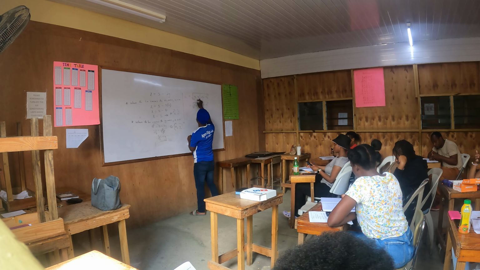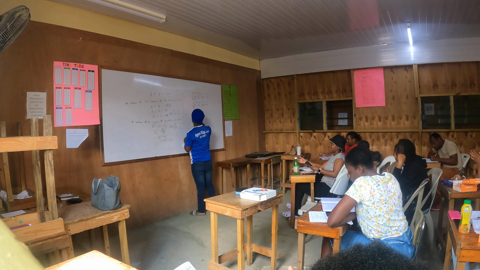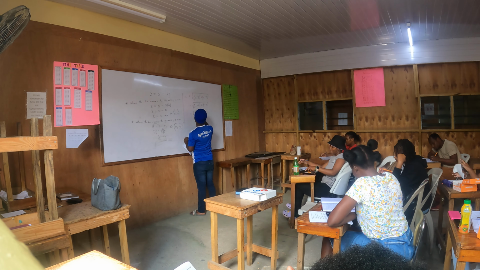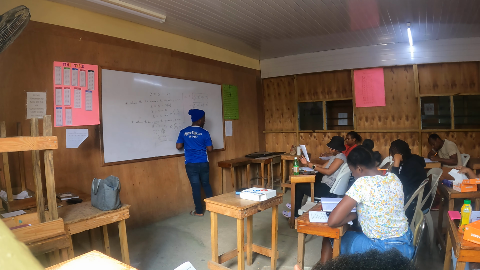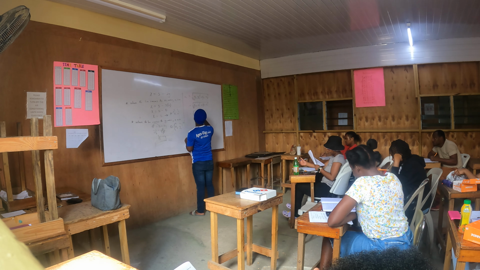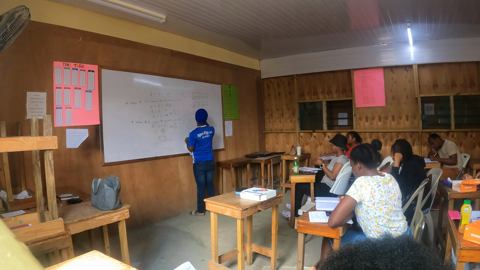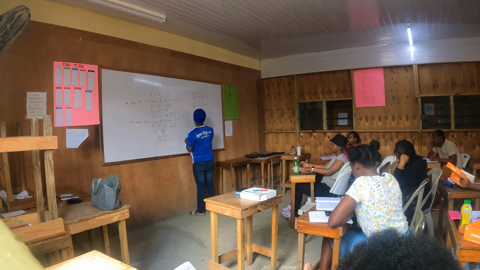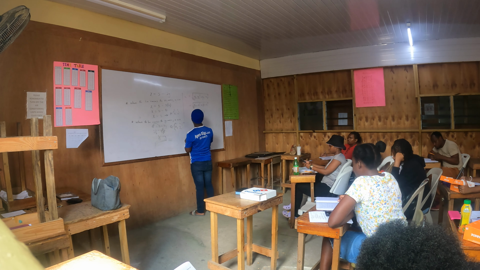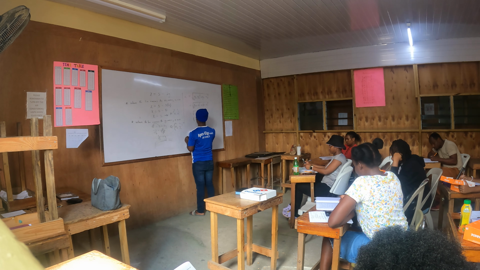That's the length formula. So 1.6 minus 0 is 1.6, squared. And 0 minus 5 is negative 5, squared. So what is 1.6 squared? 2.56.